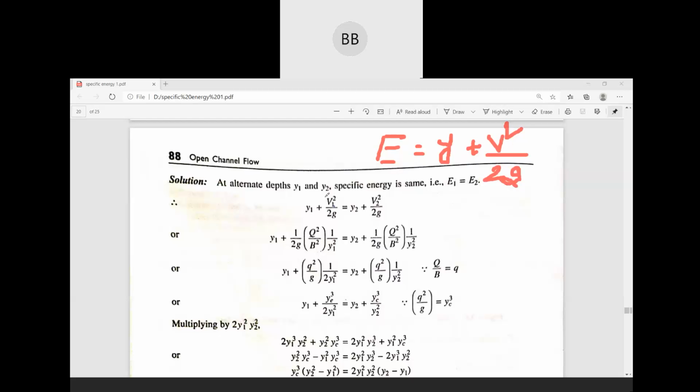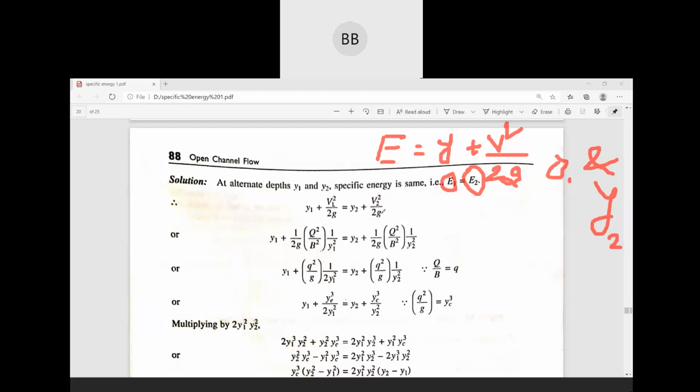For alternate depths y1 and y2, the specific energy is the same for both depths, so we can write E1 is equal to E2. In one condition we use one depth and in the other condition the second depth.